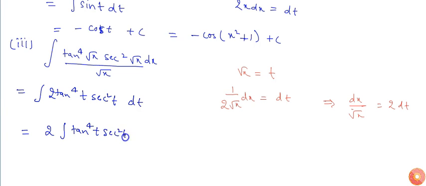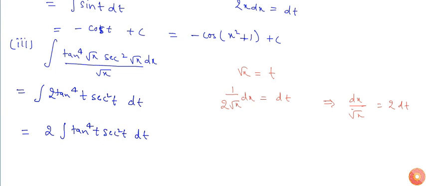Since it is also difficult to integrate the expression, I see that if I assume tan t equals u, then the derivative of tan t is sec square t dt, which is given in the expression.